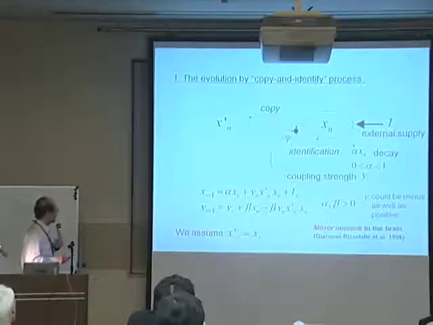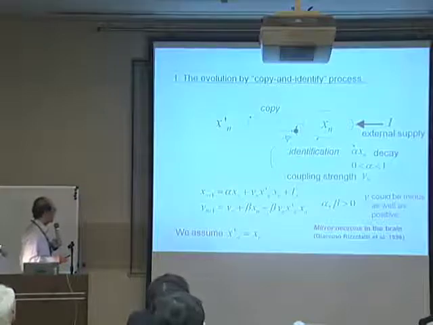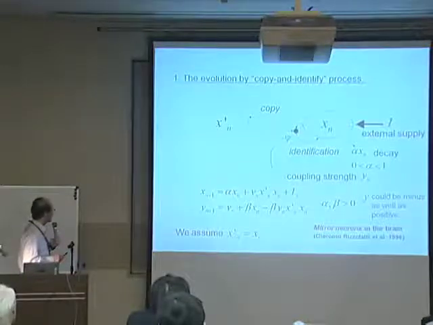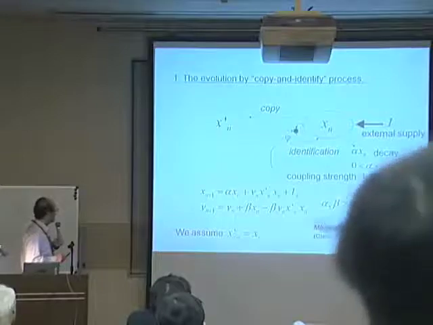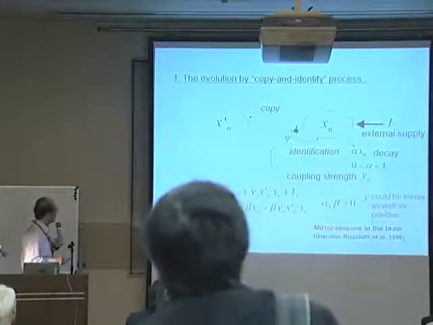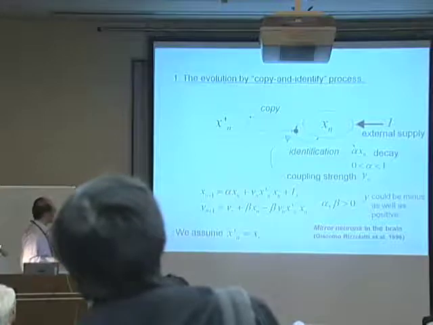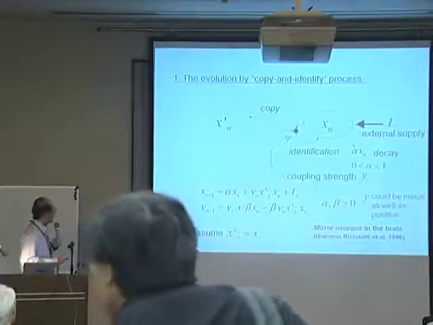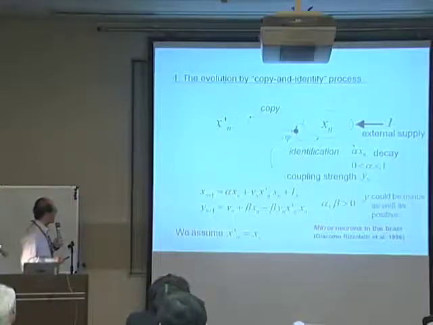Here you see the X variable may represent some biological system. N is a discrete time step, and X is copied, denoted by X prime, and fed back to the original system via the nonlinear interaction. So this is an identify process.